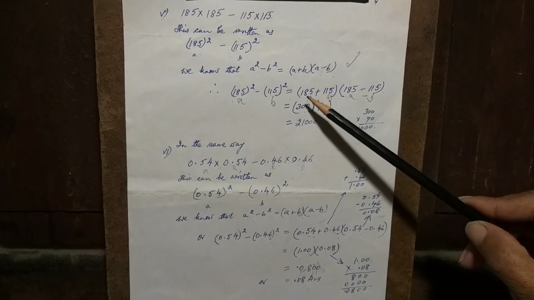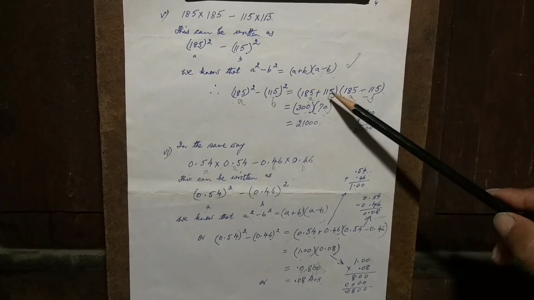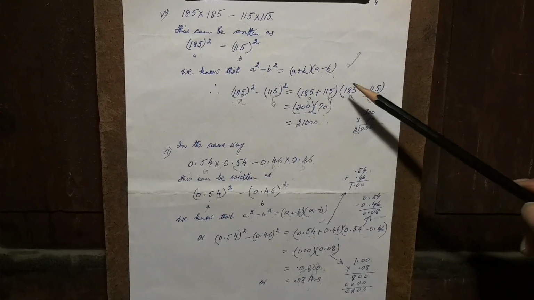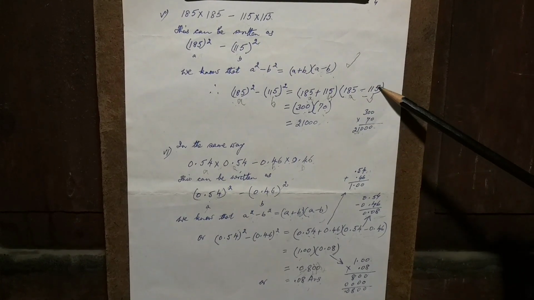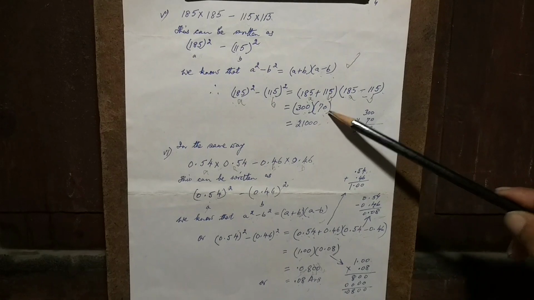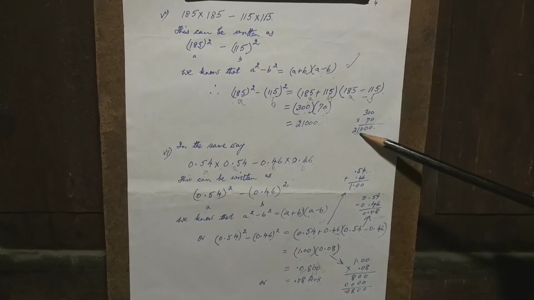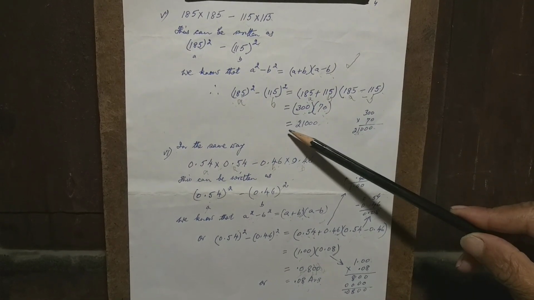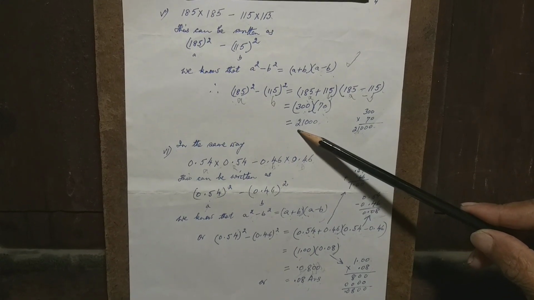Now we add 185 plus 115 gives us 300, and 185 minus 115 gives us 70. Now multiplying 300 by 70 gives us 21,000, and we get this as the answer, 21,000.